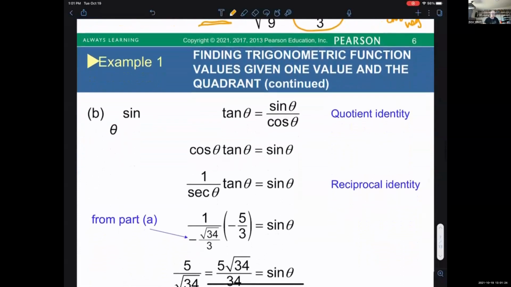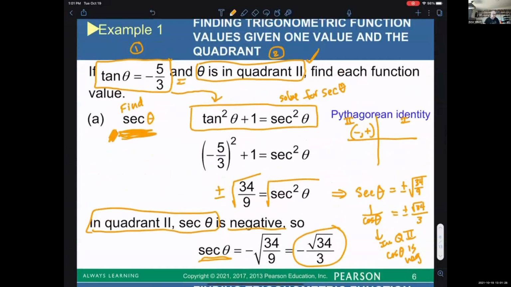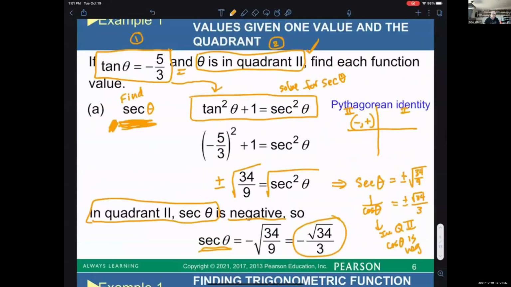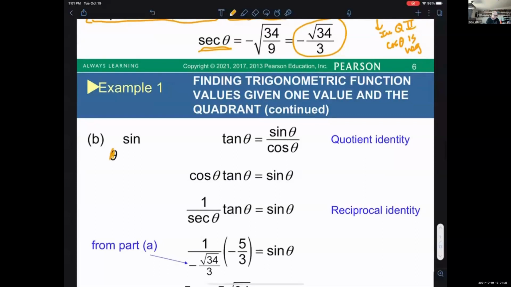So then it says for part B, we still have that tangent is negative 5 over 3. And we still have that theta is in quadrant 2. In part B, we're told to find sine of theta. Well, what we know is that tan of theta relates to sine because it's equal to sine over cosine.